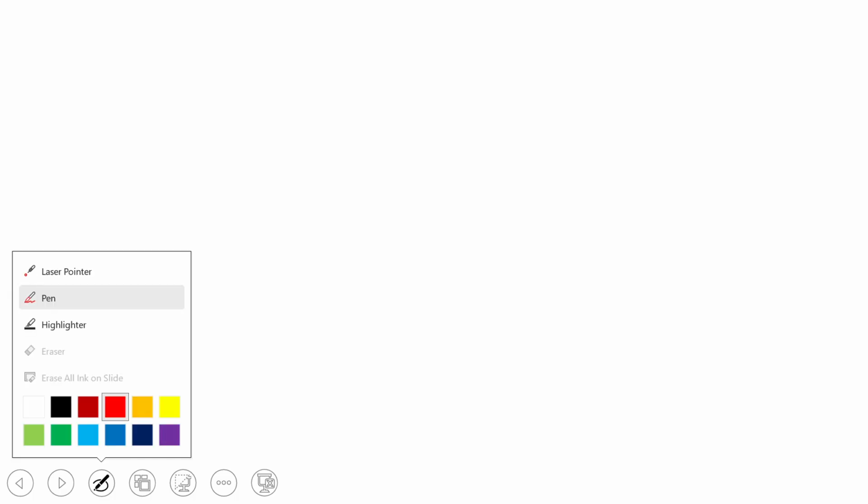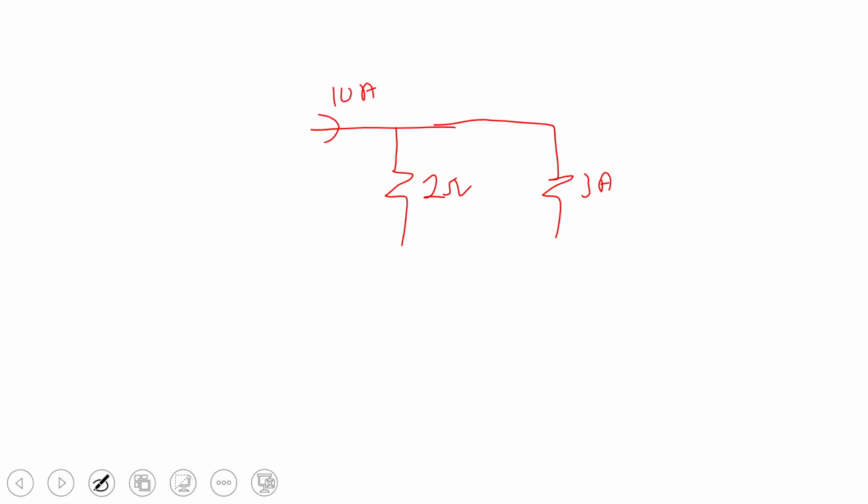Now let's say I have a simple circuit like this, where a resistor here is 2 ohm, a resistor here is 3 ohm, and I have a current of 10 amp coming to them.